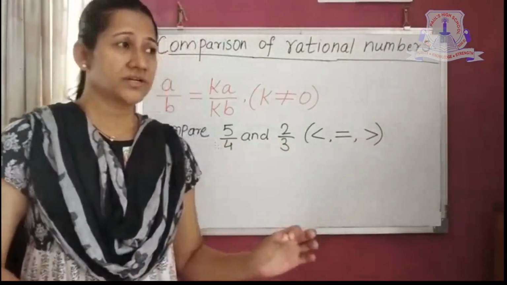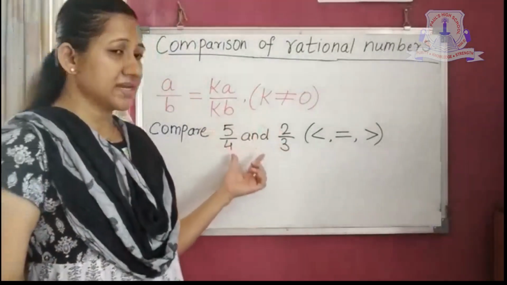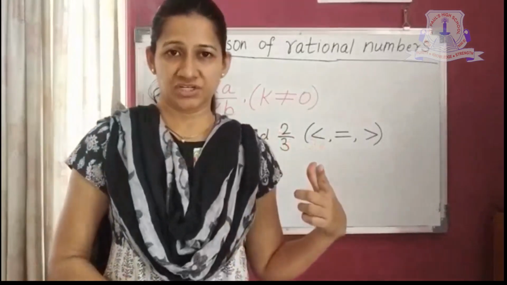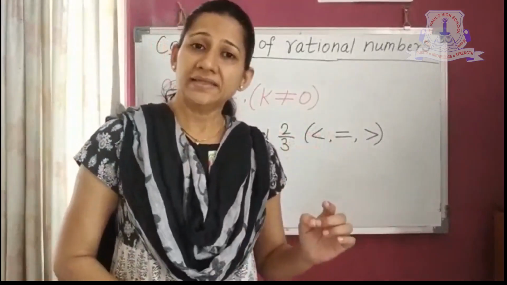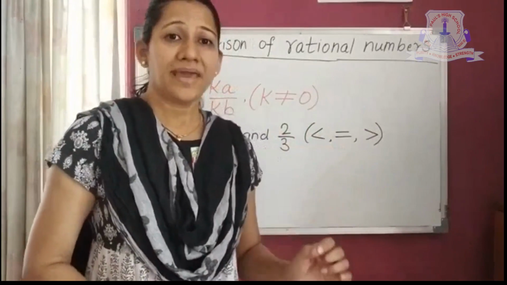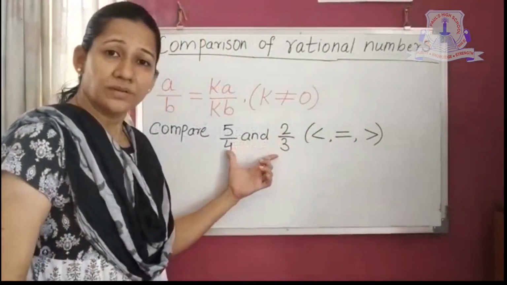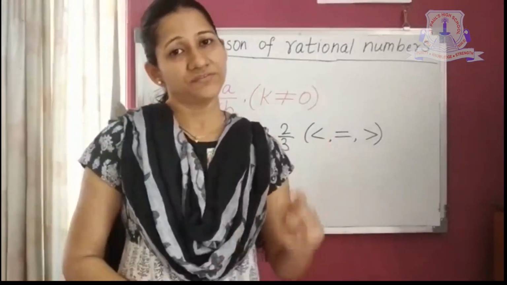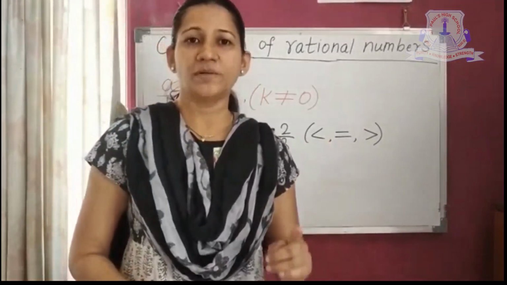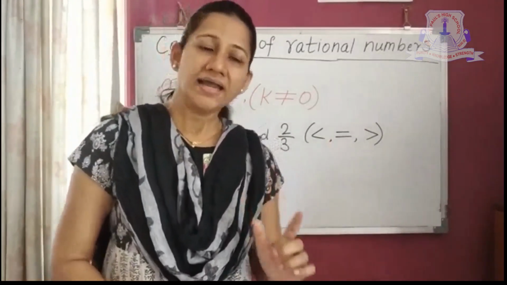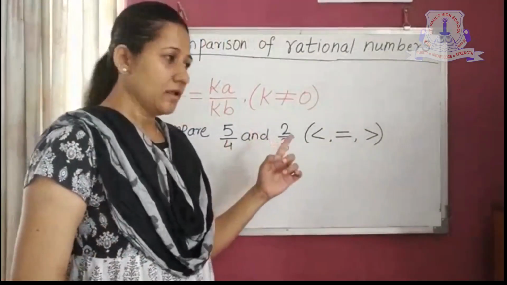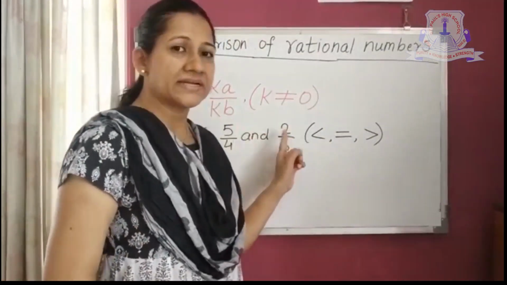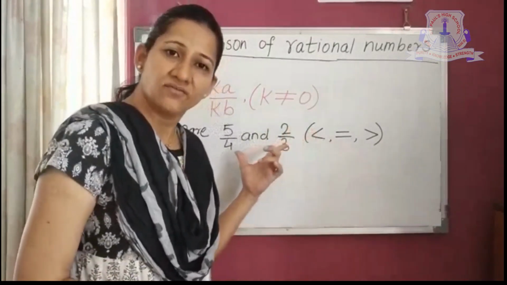The application of a constant to a fraction will be done mainly to equalize the denominators, because if the denominators are equal, then on the basis of the numerators we will be able to compare these fractions.